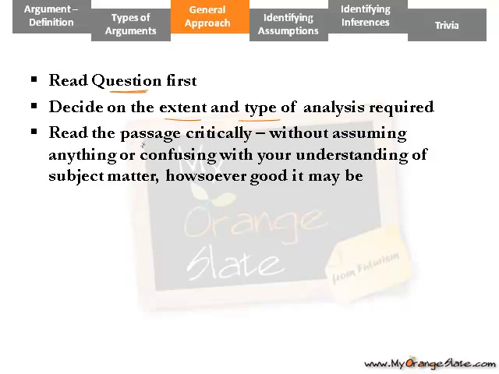The next step would be to read the passage critically. Critically, that is, without assuming anything or confusing it with your understanding of the subject matter, howsoever good it may be.